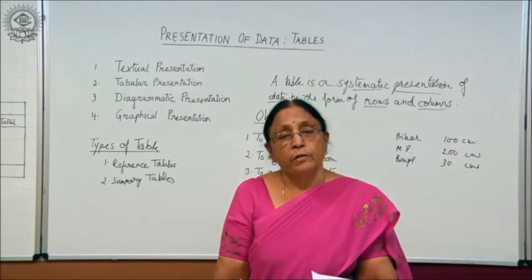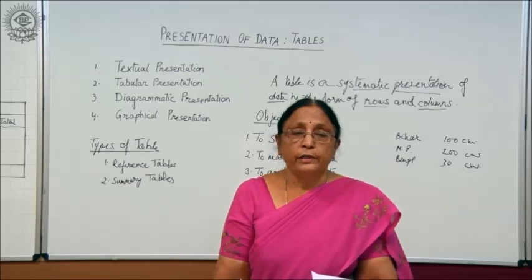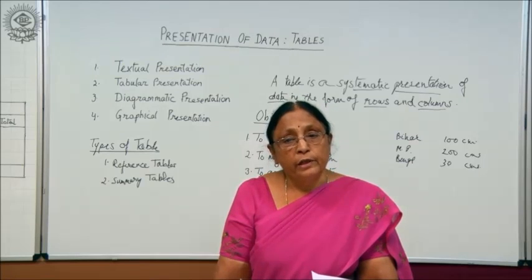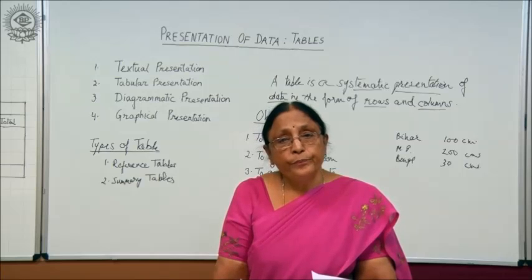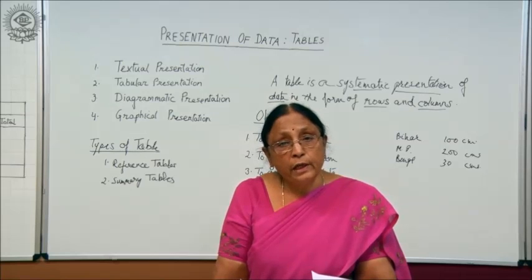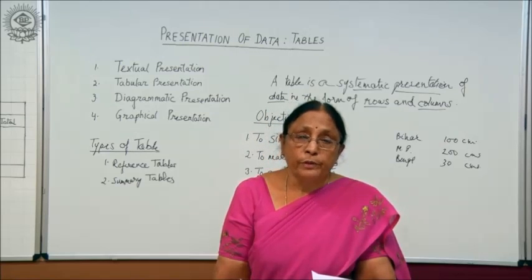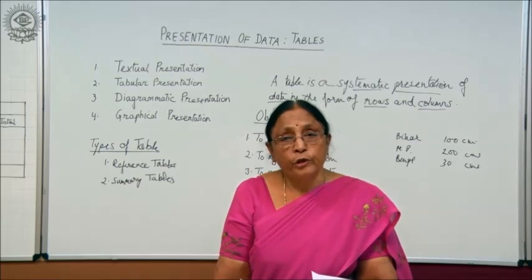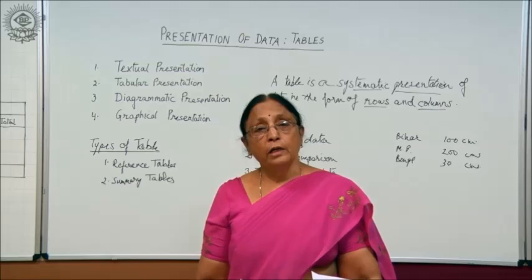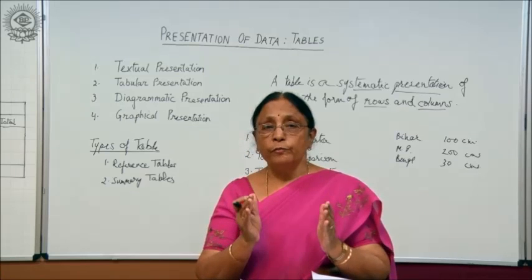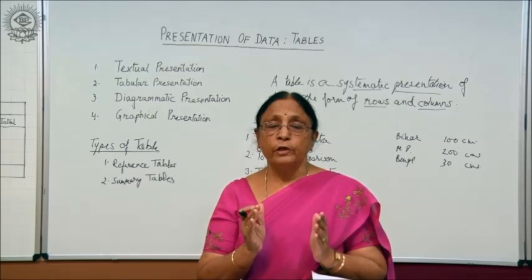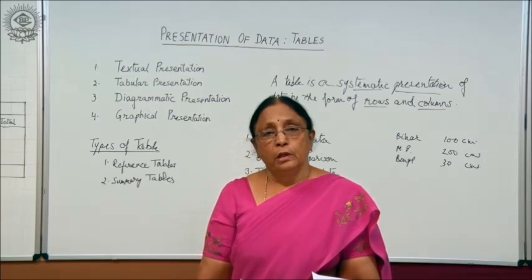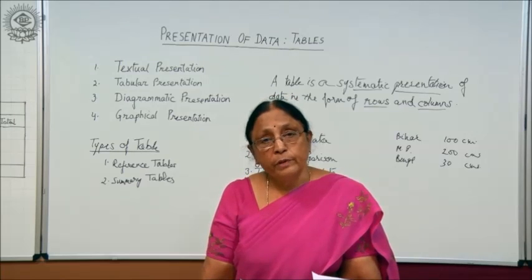It is regarding the number of males and females, the number of children, the number of working population or dependents in the country, or on the basis of birth rate, death rate, life expectancy, infant mortality. All these are compiled in one distribution, that is census of India 2011. This type of distribution is known as reference table.